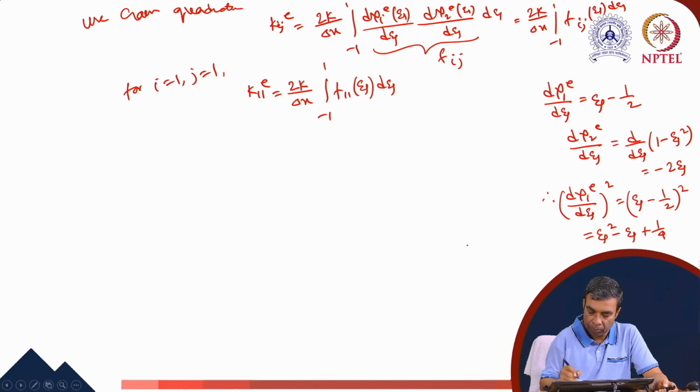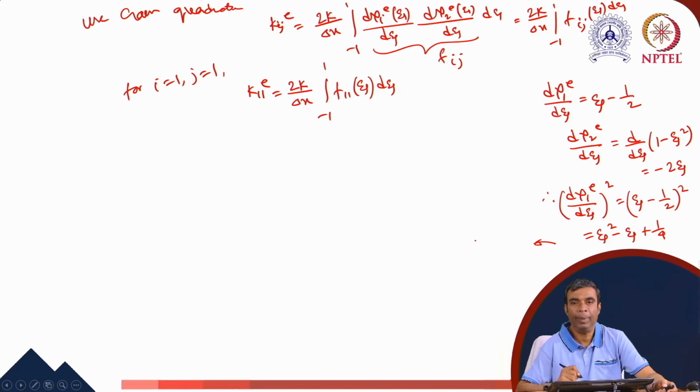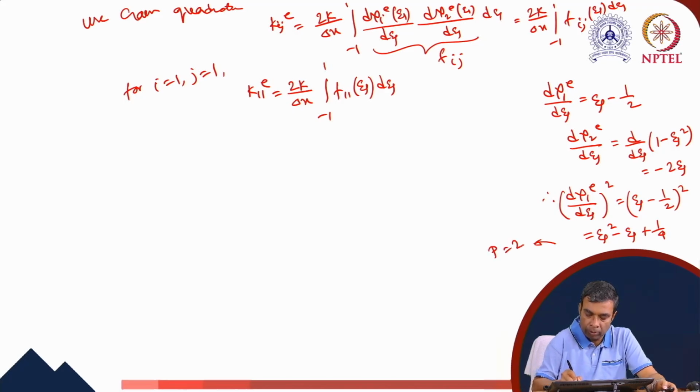So for this case, this is an a plus b xi plus c xi square type of expression. It means that this is a parabolic function for which p equals 2. Therefore, ngp equals (p plus 1) by 2 equals (2 plus 1) by 2 equals 1.5, which is 2, the nearest higher integer.